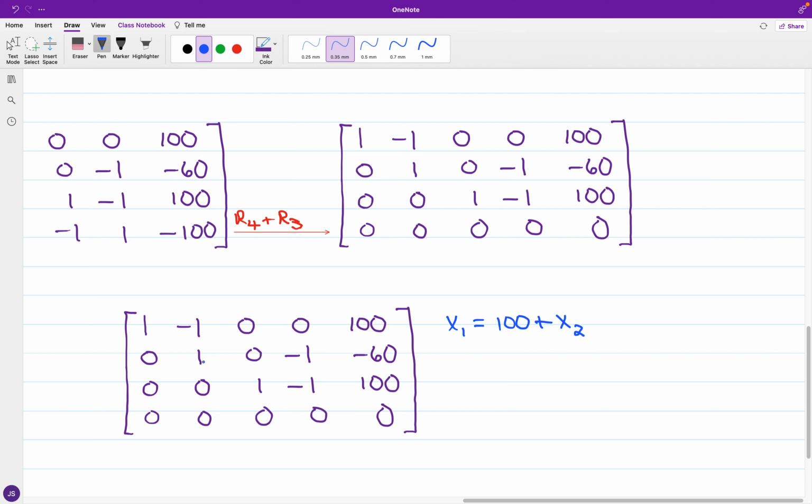And then the 1 here is in reference to x2, and x2 is going to be equal to negative 60 plus x4. And we have in the mix x3 is equal to 100 plus x4.